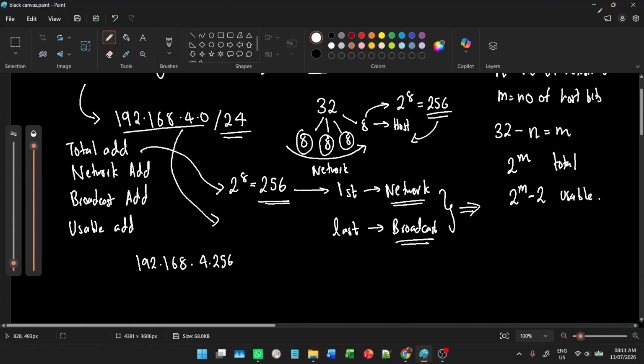Because 256 is the last number. Well, you're wrong. It's actually 255. Why? Because the first value is actually 0. So if 256 is the count, the last one is going to be 255 because we count 0 also as a valid value, right? So this is your network address, this is going to be your broadcast address, and anything in between are all the usable addresses.